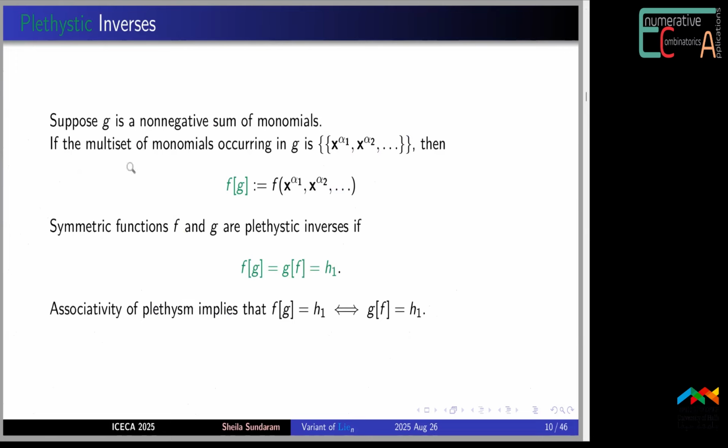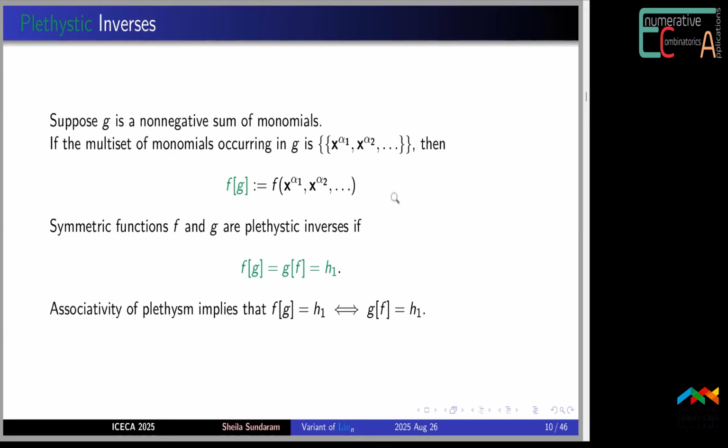Okay, so plethysm and plethystic inverses. I'll just define plethysm the way it's defined in Macdonald. If I take a function G that's a non-negative sum of monomials, and this is the multiset of monomials in G, x^alpha_1, x^alpha_2, and so on, then F plethysm with G, so I'm using square brackets for plethysm, is simply the function that you get by taking the monomials in G and substituting them for the variables in F. Right?